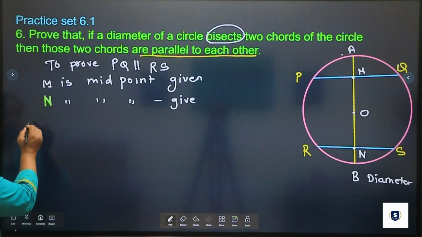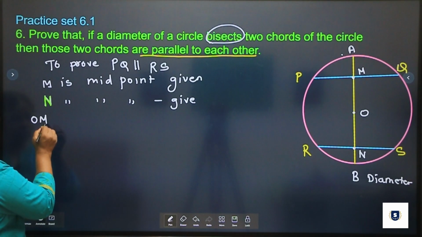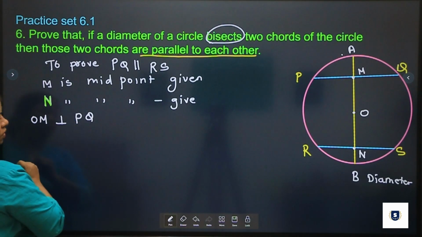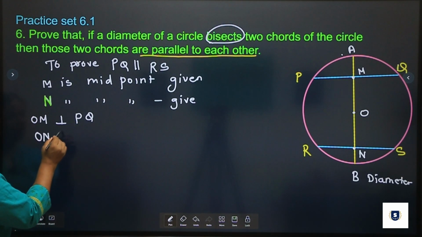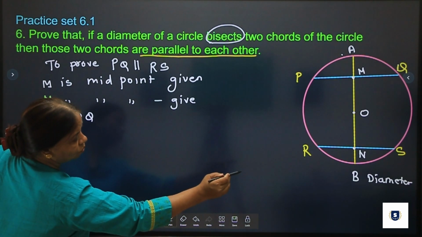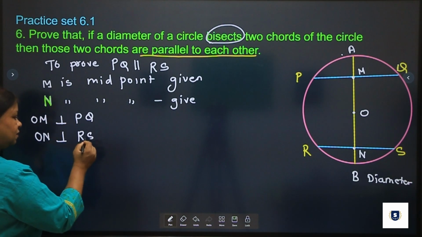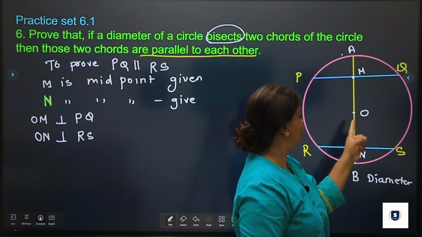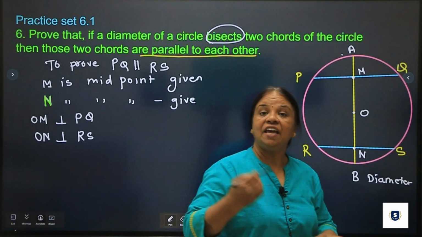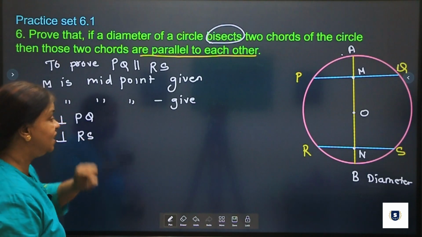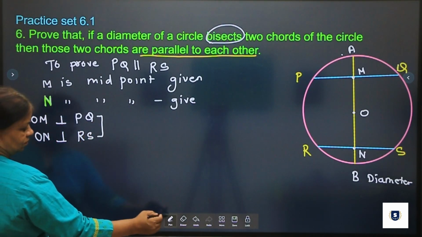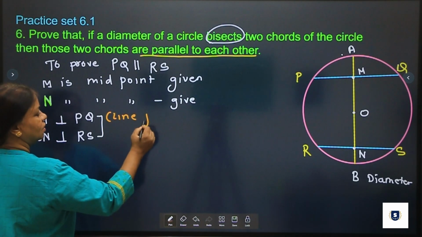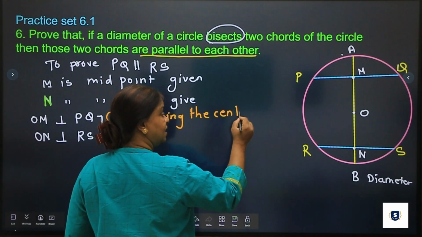OM will be perpendicular to PQ and ON will be perpendicular to RS. If M is the midpoint, OM will be perpendicular to PQ, ON will be perpendicular to RS. And why? Line joining the center and the midpoint.